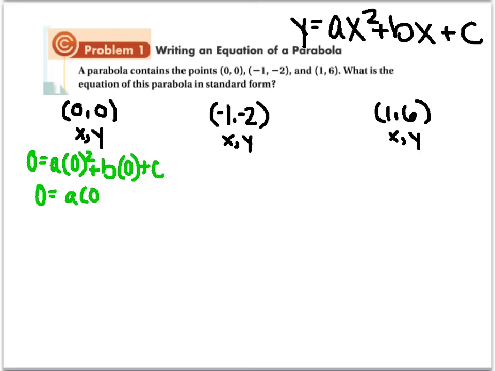So we have a times 0 plus b times 0 plus c. And you guys know anything times 0 is just 0. So 0 equals c.